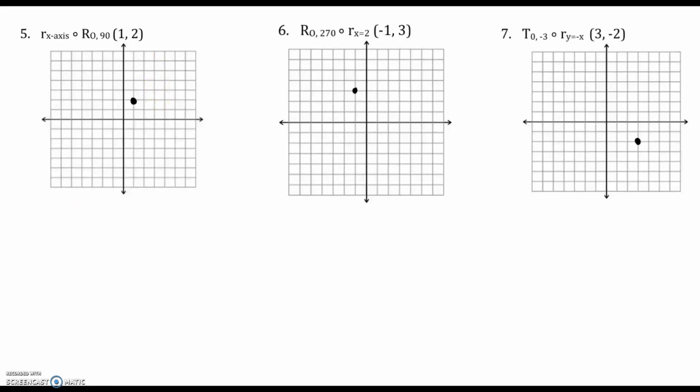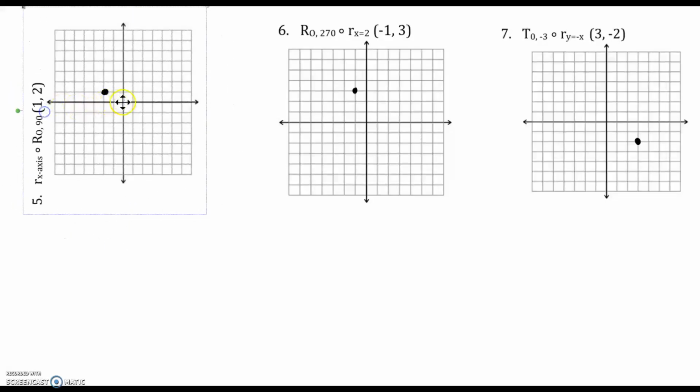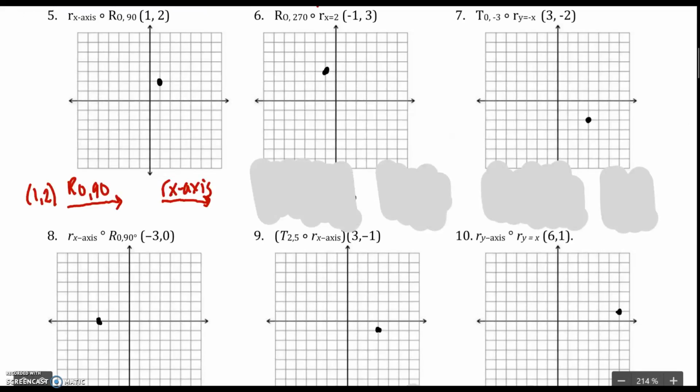Remember that if you are going positive 90, you're going to go counterclockwise, and you'll see that 1, 2 is now at negative 2, 1. And so then we can go back and put in negative 2, 1. And then if you were to reflect negative 2, 1 over the x-axis, it would become negative 2, negative 1.